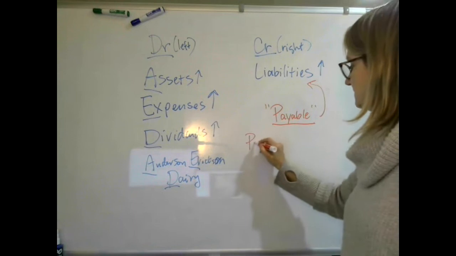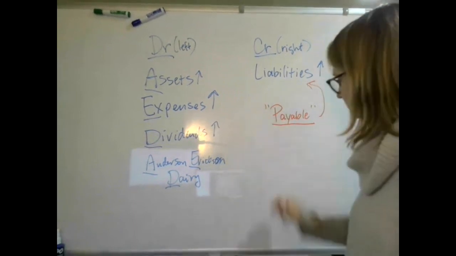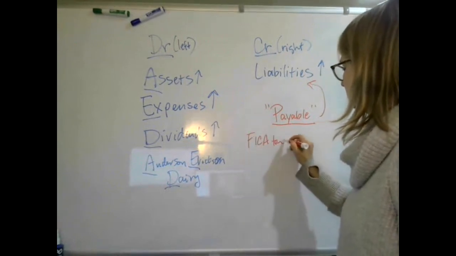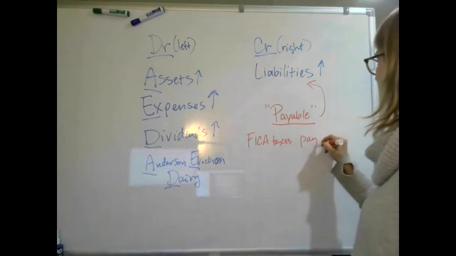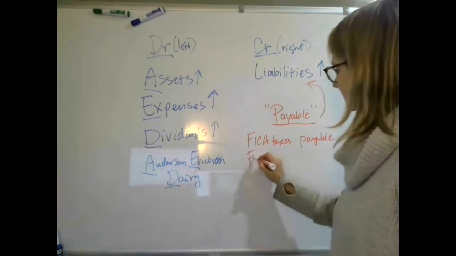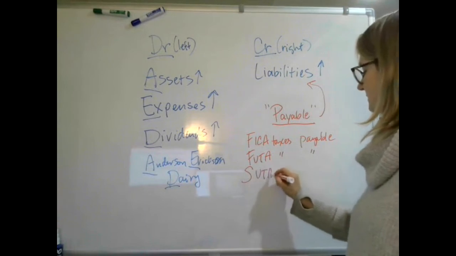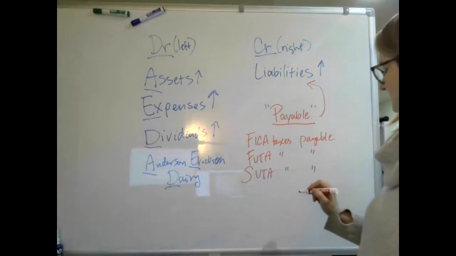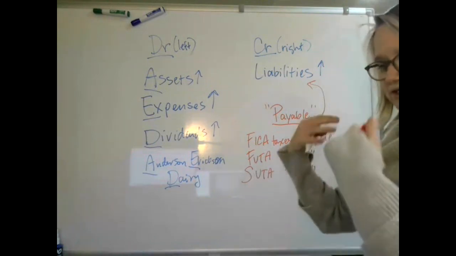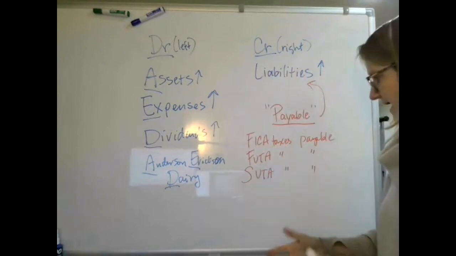So payroll taxes, or well, actually your book subdivides it, so I'm going to subdivide it as well. So FICA taxes payable. There's that word payable. FUTA taxes payable. SUTA taxes payable. Other types of amounts that the employer has incurred the expense, but at some point has to pay out.